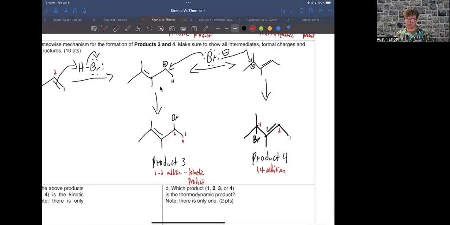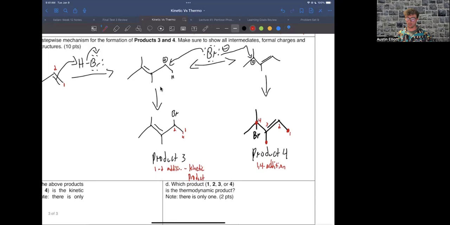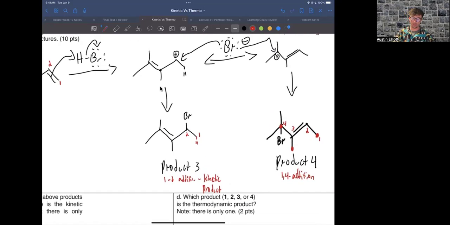So in this case, we have 1, 2, and 3, just like that. And then on this one, we have 1, 2, 3, and 4.